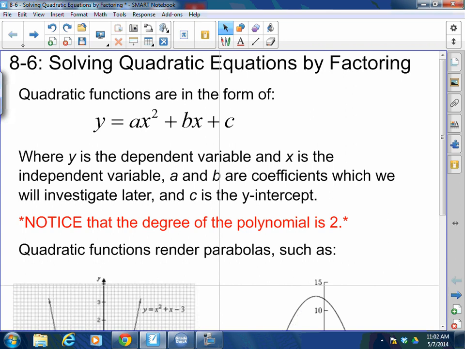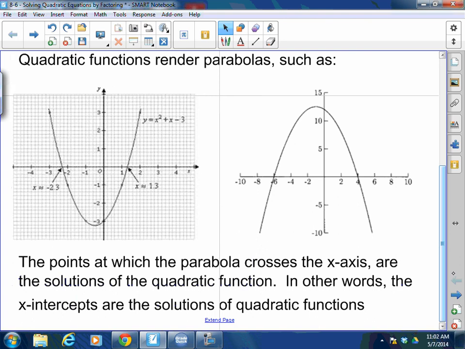Notice, please, that the degree of the polynomial is 2. That's how we know that it's quadratic, because it has a degree of 2. We know that when we graph quadratic functions, we get parabolas. Parabolas are these U-shaped graphs. Okay? And the points where they cross the x-axis, the x-intercepts, are the zeros or the solutions.